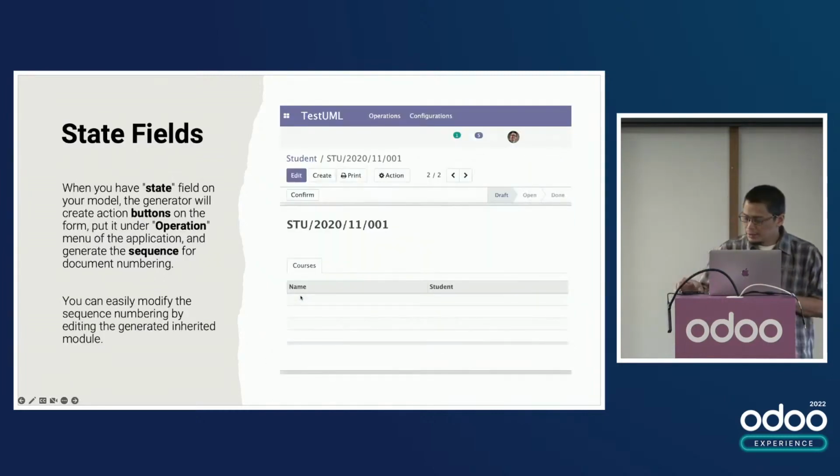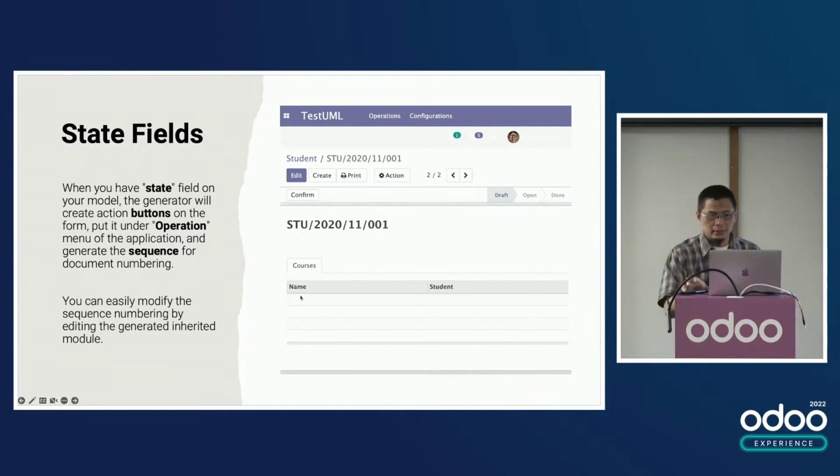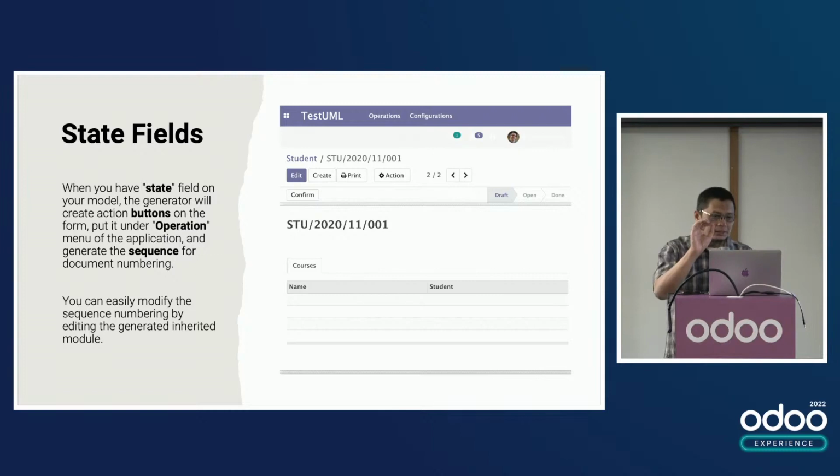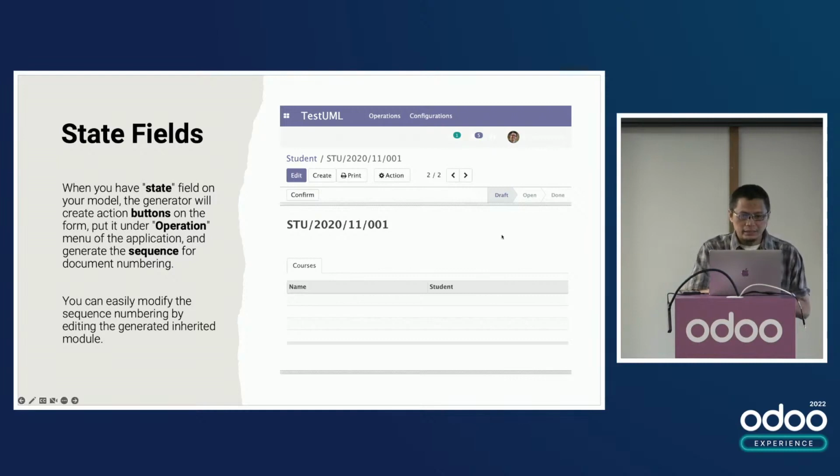One thing that is special here is the state field. So if we put the state field on a class, the generator will generate this status bar as with other Odoo documents, and then the action buttons, which move from one state to another state and back to another state.